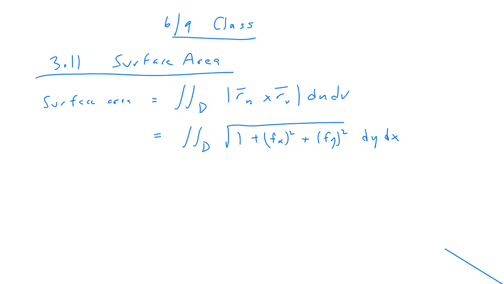And remember the idea of this formula is that r sub u and r sub v are both vectors that are parallel to the plane. And then if we take the cross product and look at the absolute value, or the magnitude, we know that gives the area of the parallelogram formed by those 2 vectors.